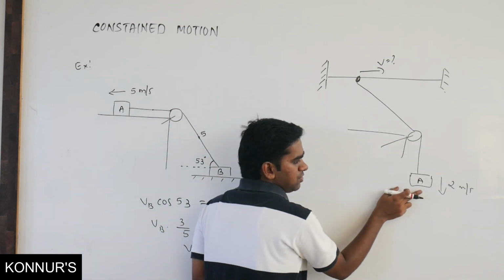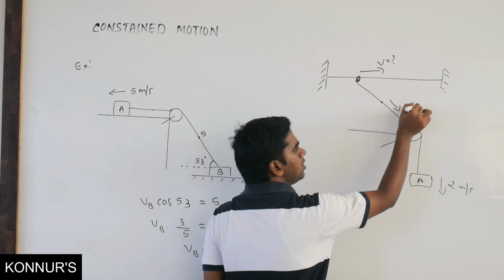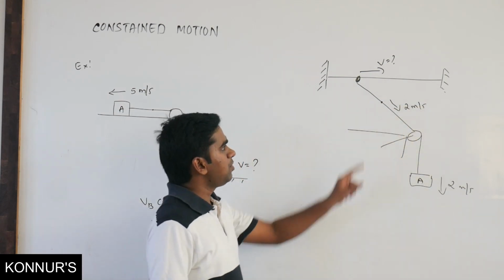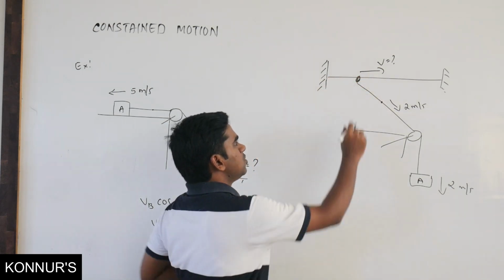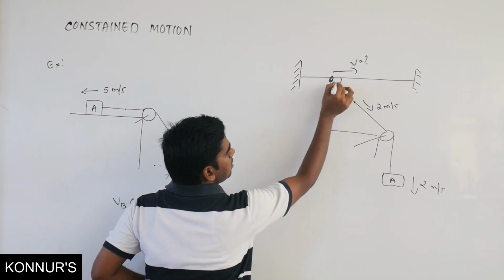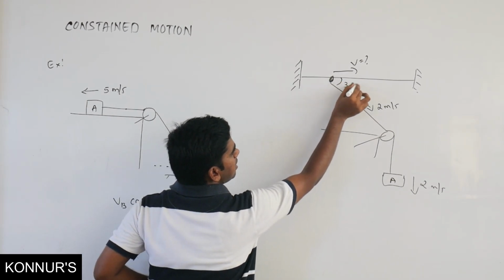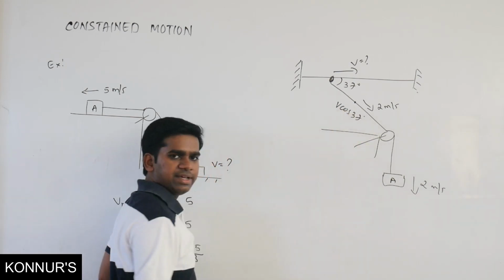If here velocity of A is 2 meter per second, any point at this point is also moving at what? 2 meter per second. Now take the component of velocity of this ring in this direction. So what is its component? It will become V. If they give the angle, say 37 degree, it will become V cos 37 degree.